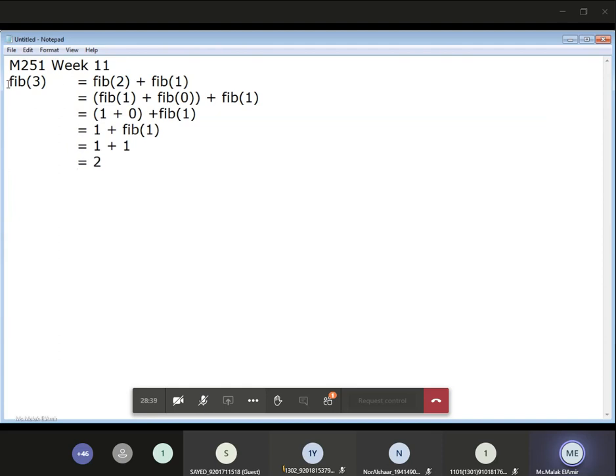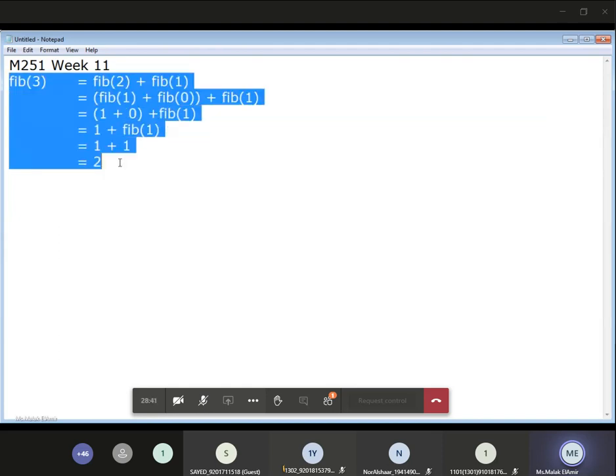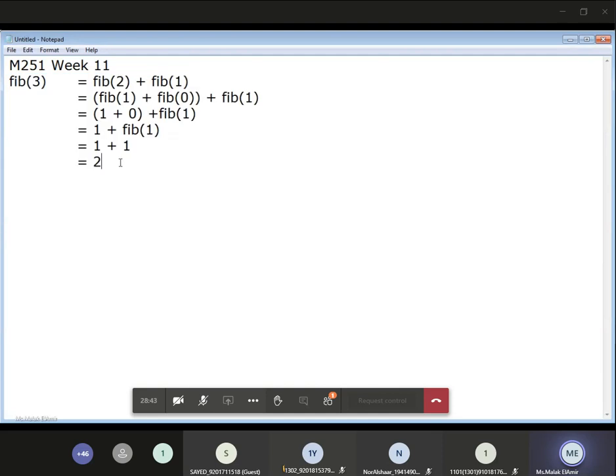What if I want to calculate Fibonacci of 4? Who will help me? Fibonacci of 4 will be the Fibonacci of the last 2, so it will be the Fibonacci of 3 and 2. Bravo.